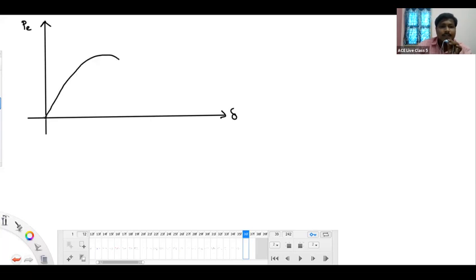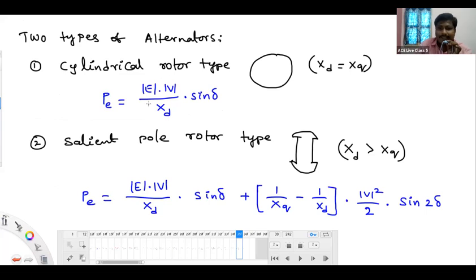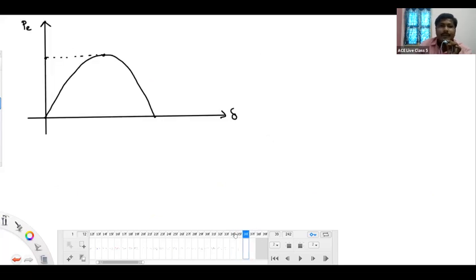So power variation with respect to delta comes something like this. This is the value of E into V by XD, that is EV by XD. And that we are going to call sometimes the maximum power transfer capacity of the network.